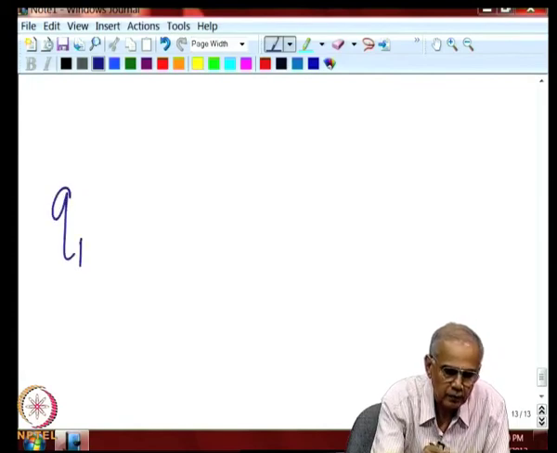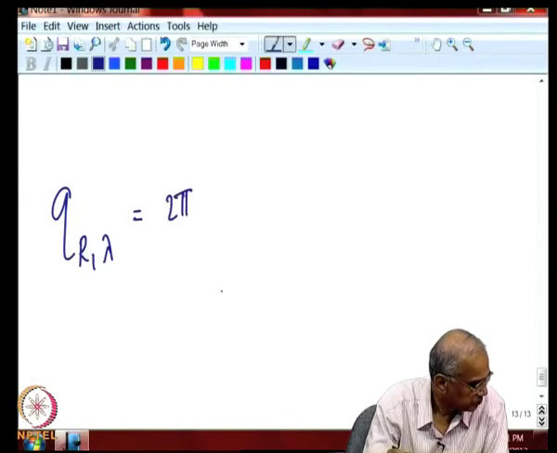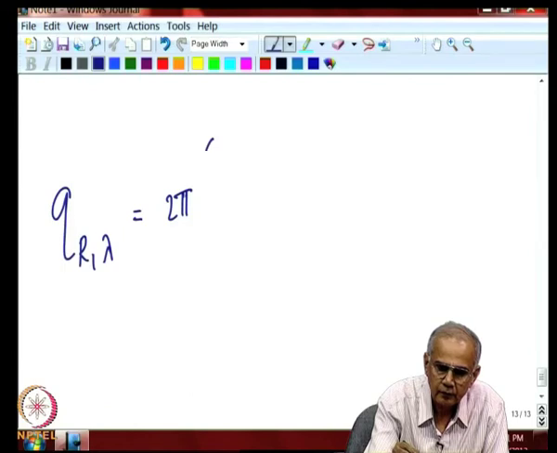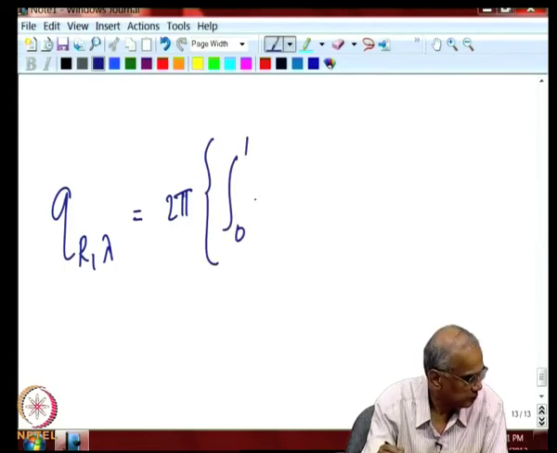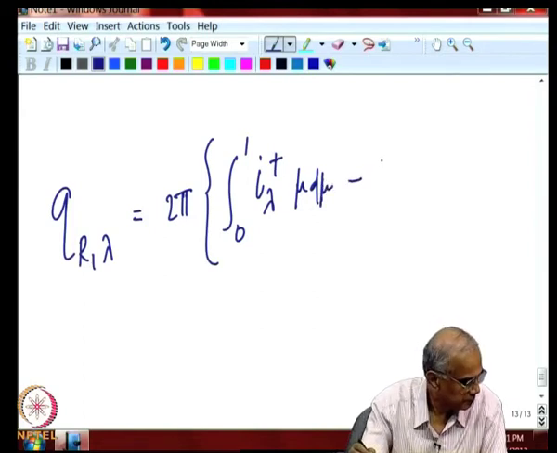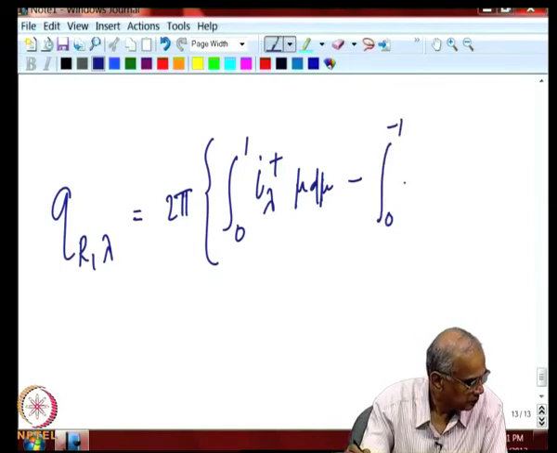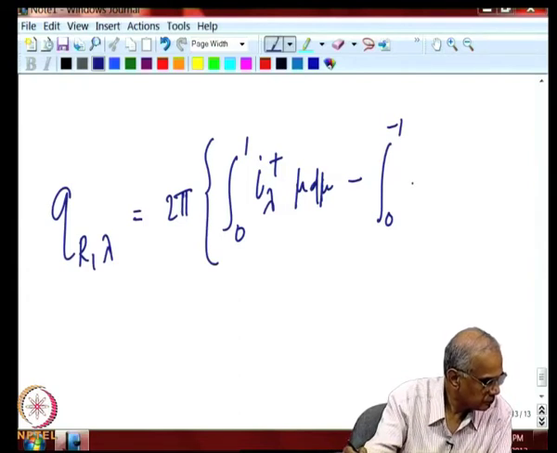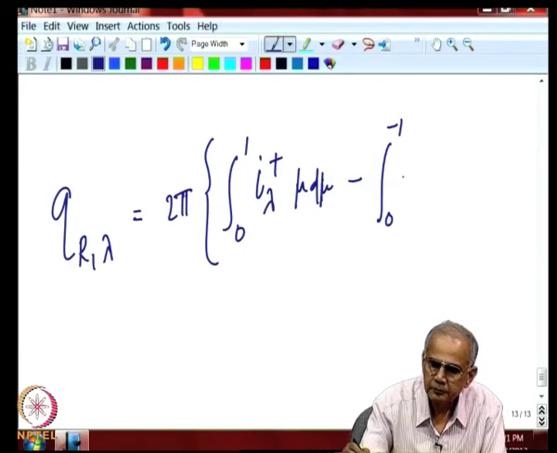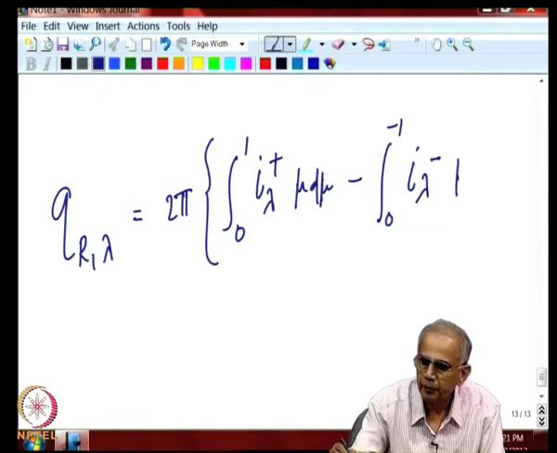So, our QR lambda becomes 2 pi into 0 to 1 I lambda plus upward going radiation mu d mu, minus 0 to minus 1 I plus downward radiation mu d mu.